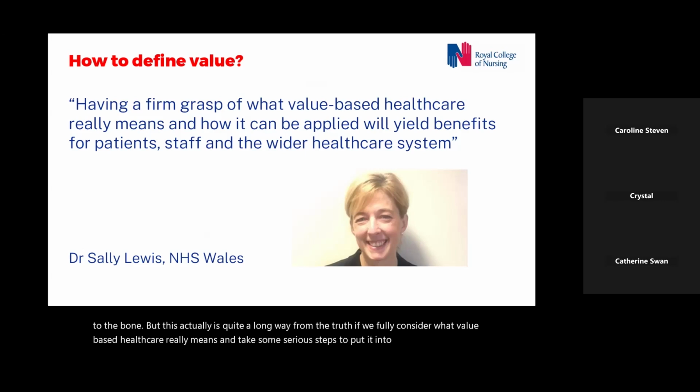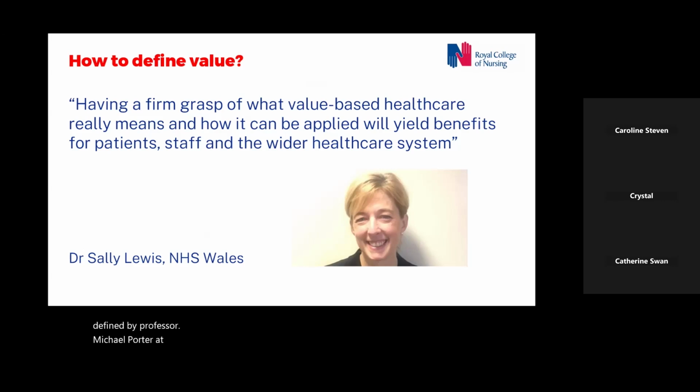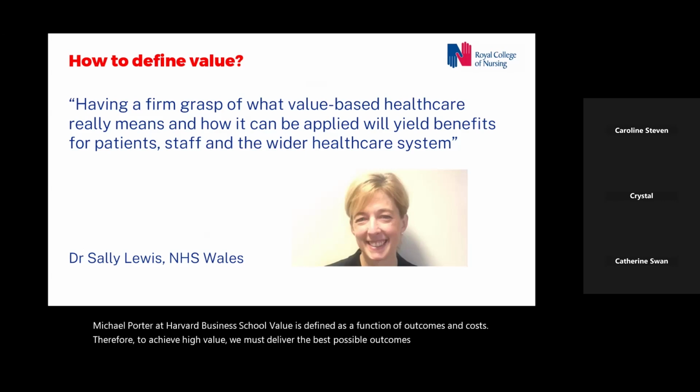So originally defined by Professor Michael Porter at Harvard Business School, value is defined as a function of outcomes and costs. Therefore, to achieve high value, we must deliver the best possible outcomes in the most efficient way. Outcomes which matter from the perspective of the individual receiving healthcare and not provider process measures or targets.